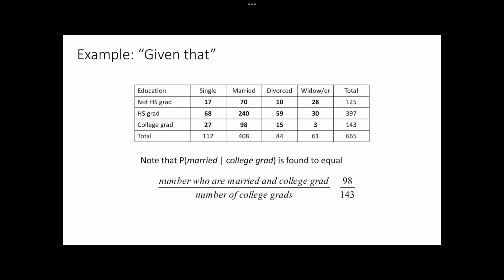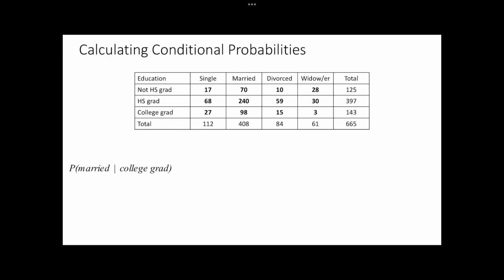So the probability of being married, given that you're a college grad, is equal to the number who are married and college grad, that was our 98, divided by the number who are college grads, the number in what we are given. So 98 divided by 143. Again, that's the number of married and college grad divided by the number that are college graduates.